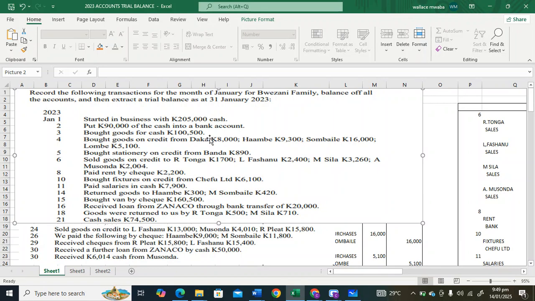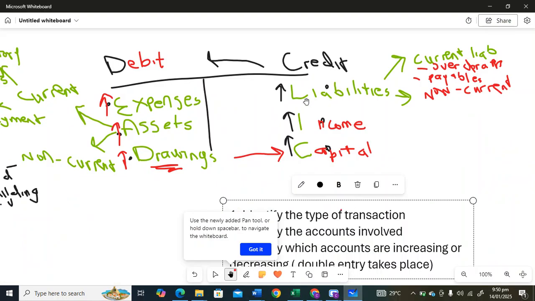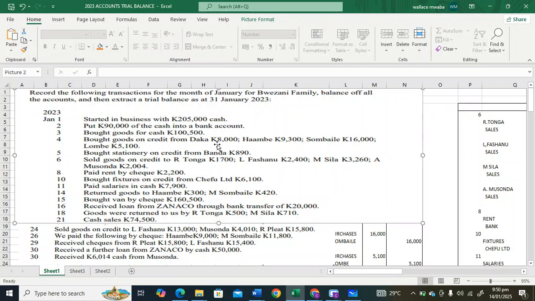Purchases is an expense increasing, so you debit purchases 8,000. At first you never had any people you're owing money. Now you're owing somebody money, so your liabilities have increased. So you credit Daka 8,000.